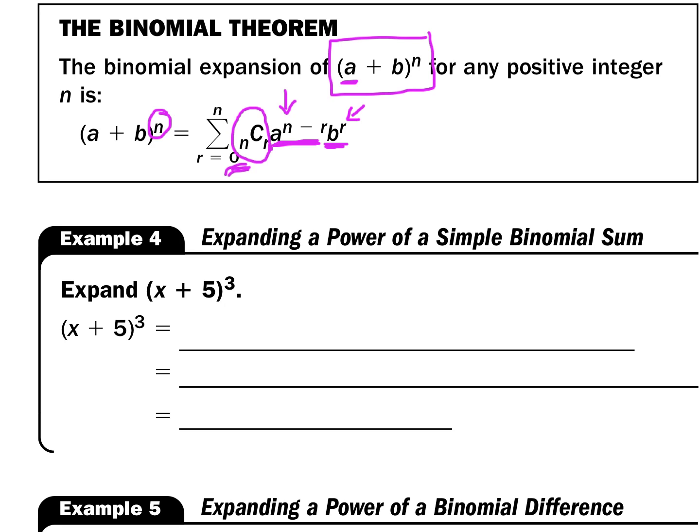Okay. So first we'll do example 4. We're going to start by doing this for x plus 5 raised to the 3rd power.